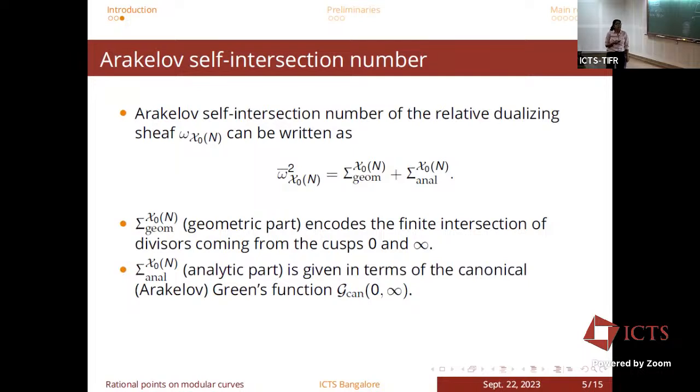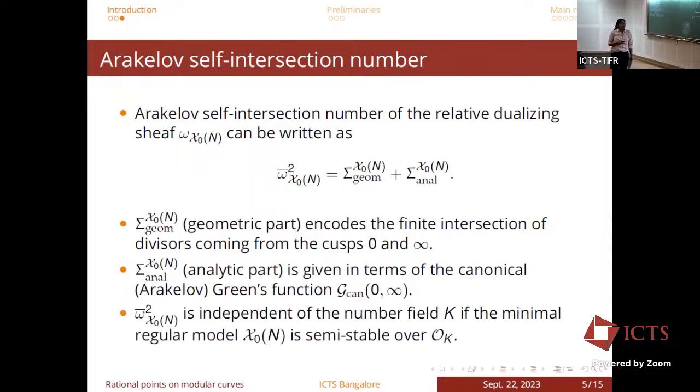And the analytic part is given in terms of the canonical Green's function, which I denote G can 0 infinity. This Green's function is also sometimes called the Arakelov Green's function. This intersection number omega bar on chi naught n is independent of the number field K if the minimal regular model chi naught n is semi-stable over the ring of integers O K.